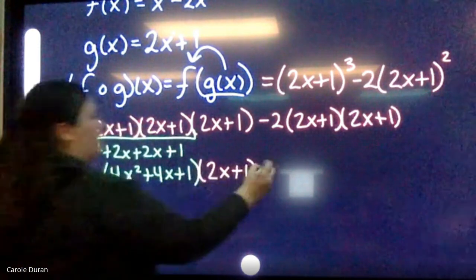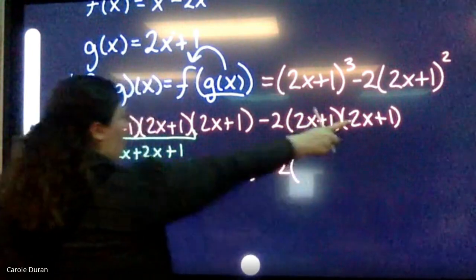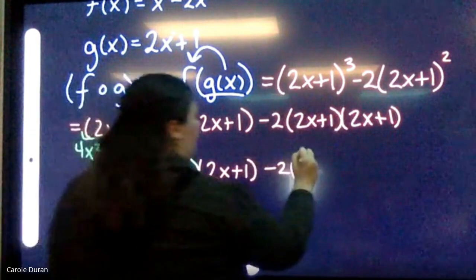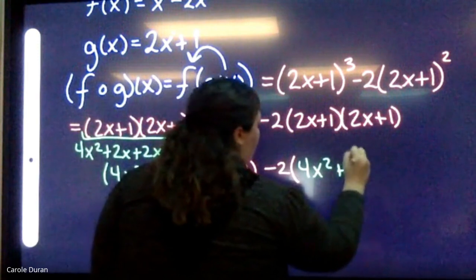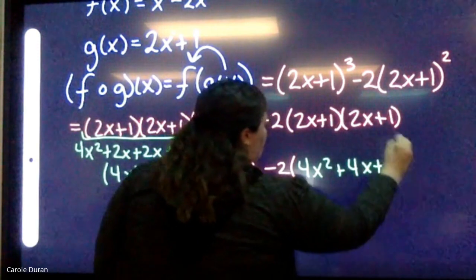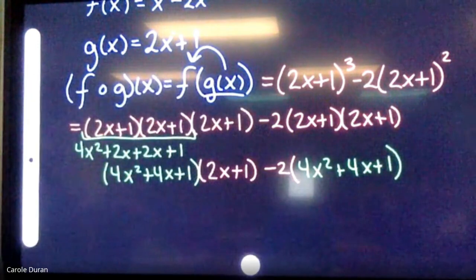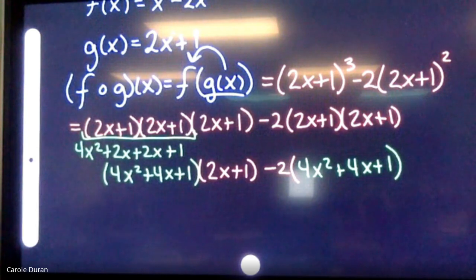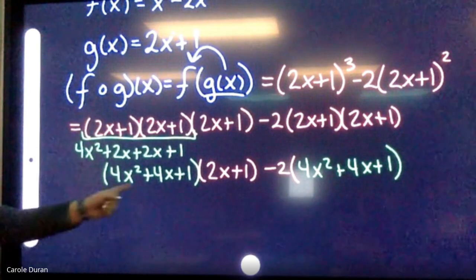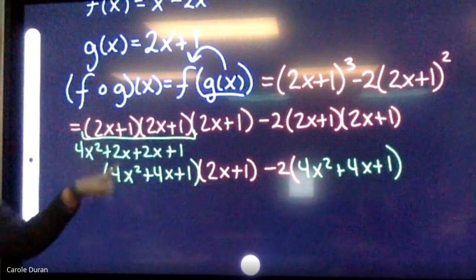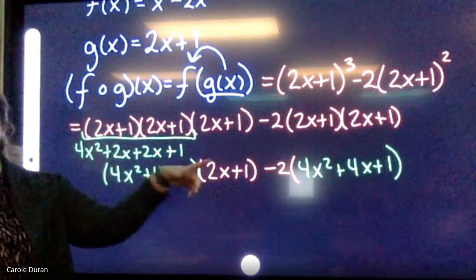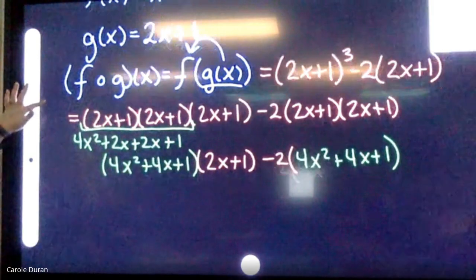I did that same thing down here. Again, when I FOIL those 2 out, I'm going to get 4x squared plus 4x plus 1, just like we did down here. I'm going to FOIL this out again. Each one of these has to multiply into both of those. Make sure you keep that in mind.